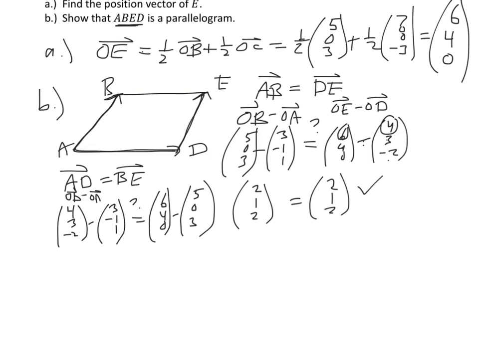And let's just check those real quick. If we subtract these, this one is 1, 4, negative 3. Is that equal to 1, 4, negative 3? Yep. And at the end of the problem, we might write something about why we know that these things are parallel, or rather, why this is a parallelogram.